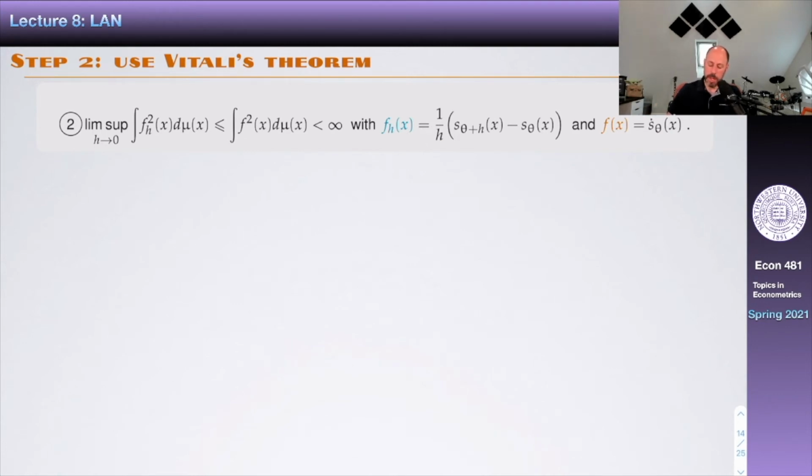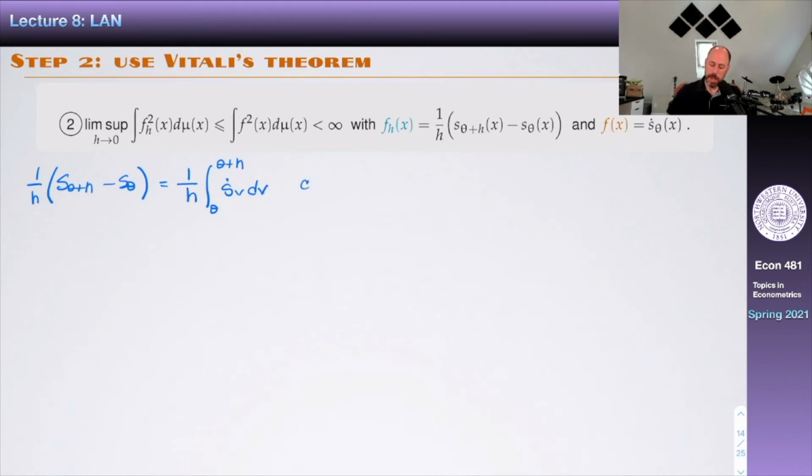So then notice the following. 1 over h times s of theta plus h minus s of theta. I'm removing the dependence on x because it doesn't help much here. So it's 1 over h, the integral from theta to theta plus h of s dot b db.